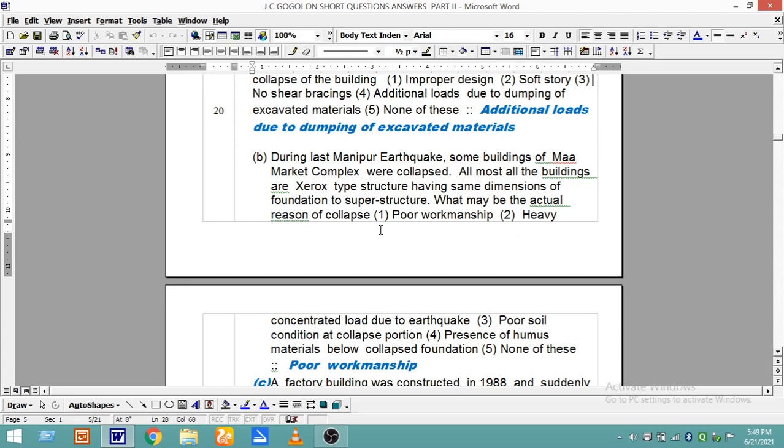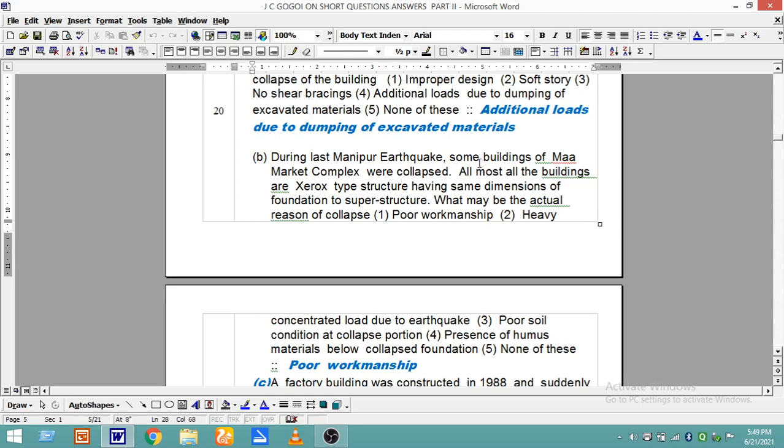All the buildings were constructed by National Building Construction Corporation and others. So, out of these buildings, a few were collapsed.